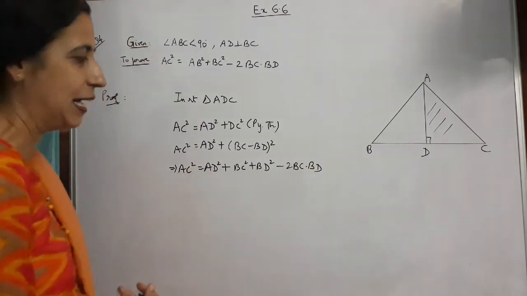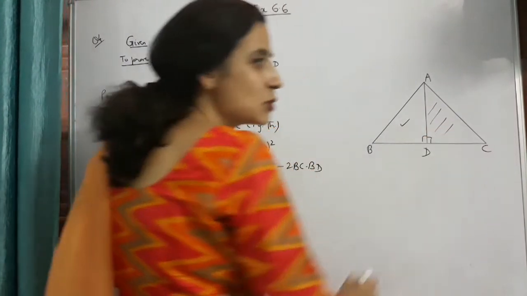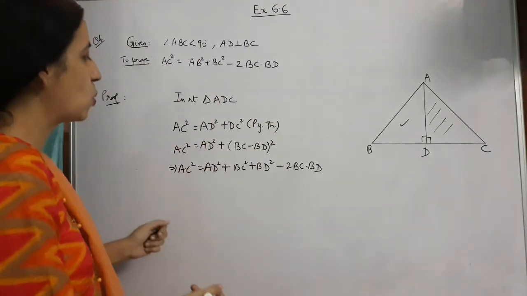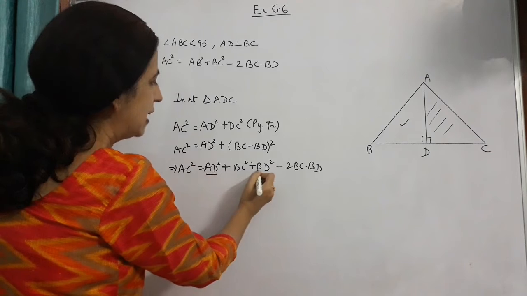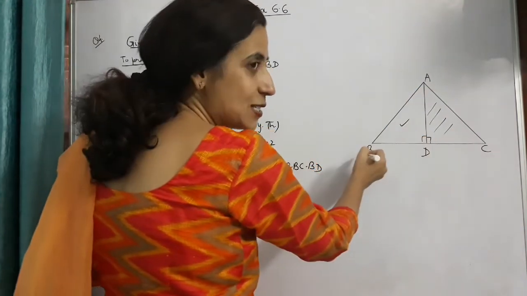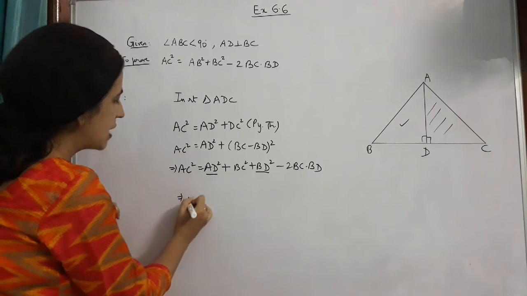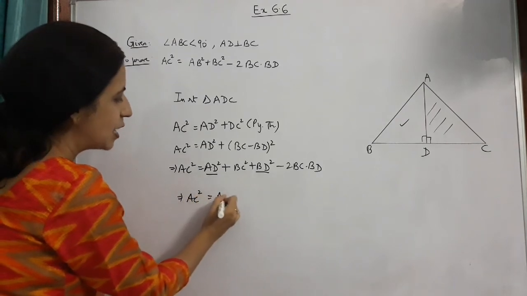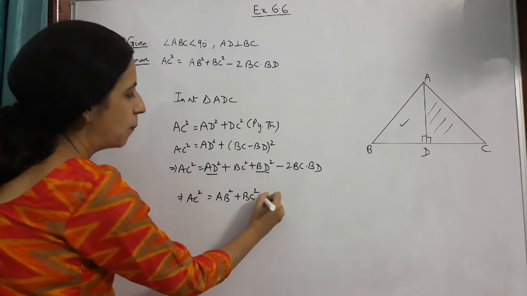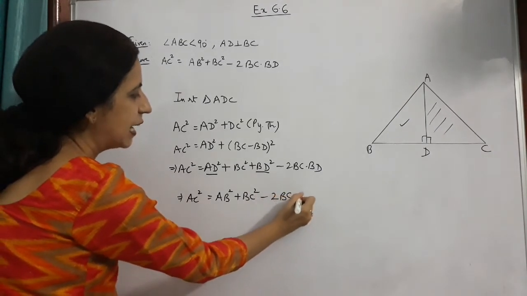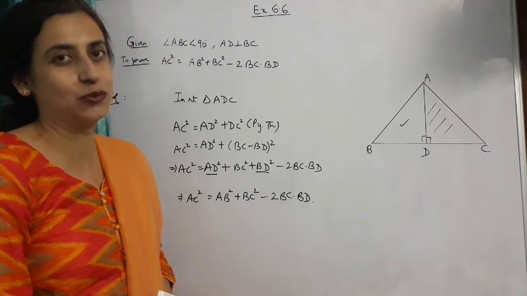Now just look at this right angle triangle. This is also a right angle triangle. So AD square plus BD square can be written as AB square. So this gives us AC square is equal to AB square plus BC square minus 2BC into BD. And this is what we had to prove.